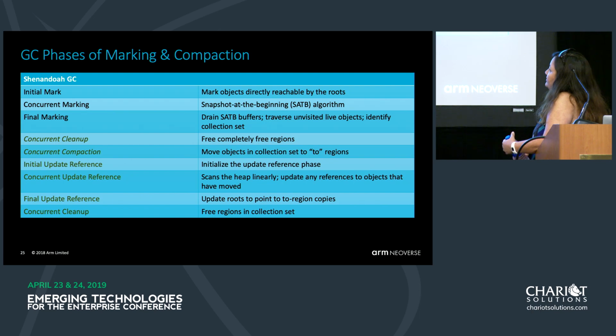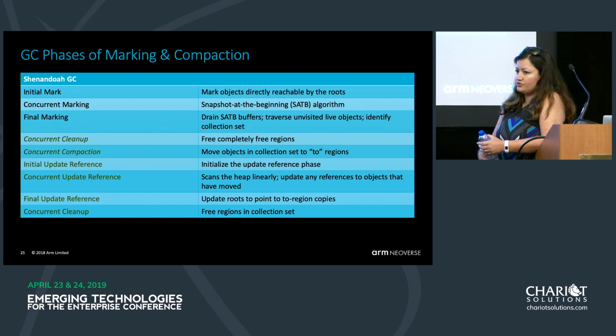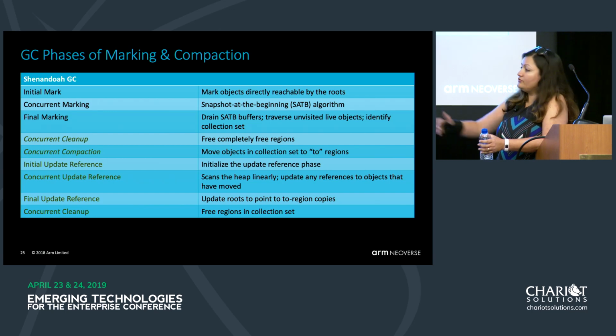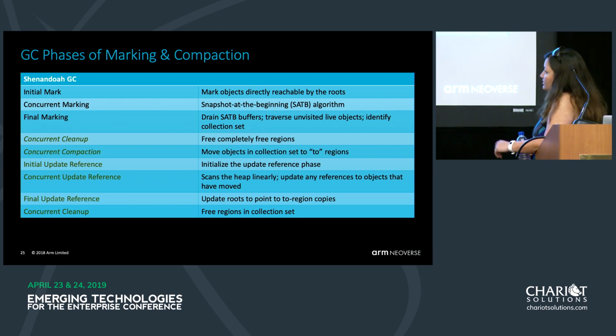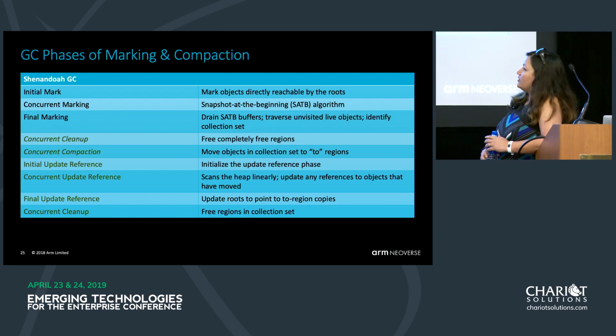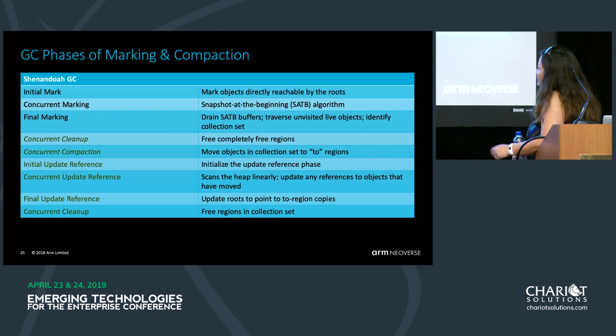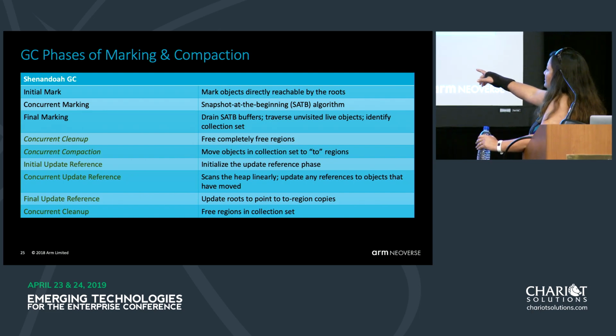Shenandoah does concurrent compaction, and it achieves the same goal, which is to move objects from the from region to the to region, but it is done concurrently. There are also a few other pauses as well as concurrent work for updating references. And then finally, you do concurrent cleanup because now your regions in the collection set are free, right?